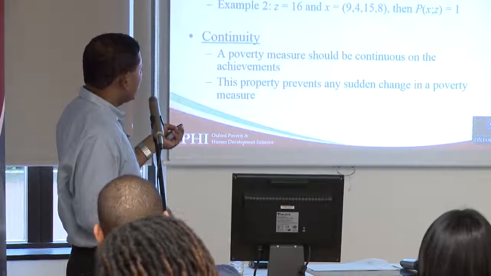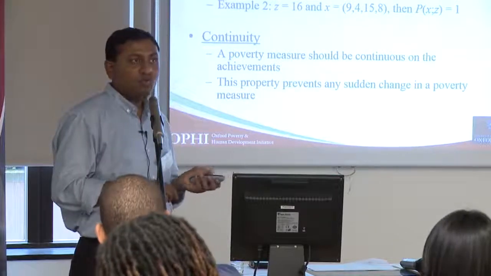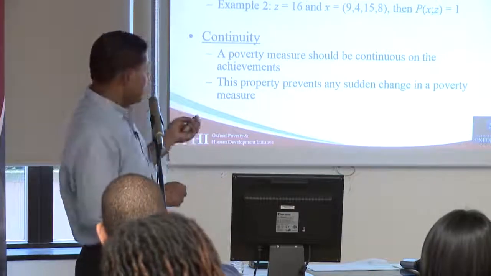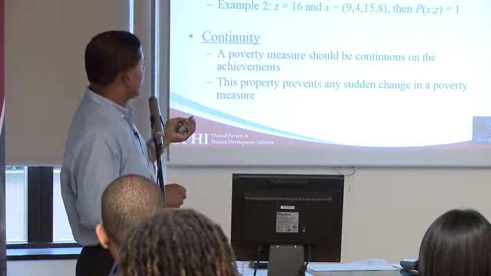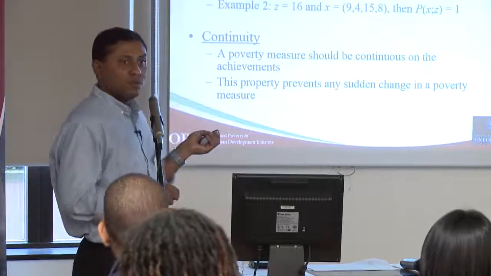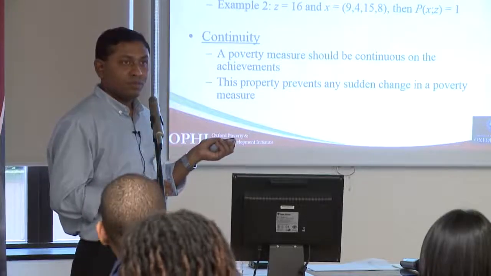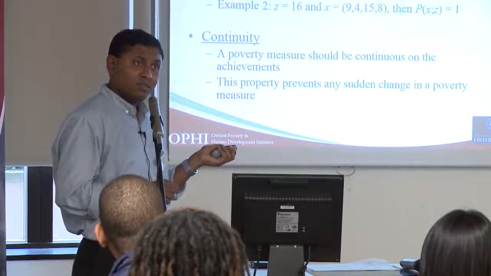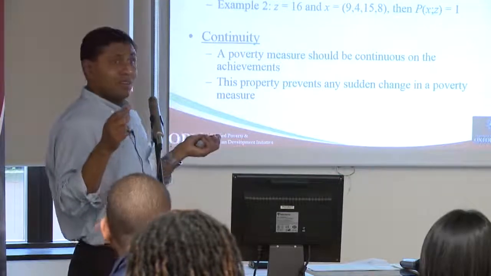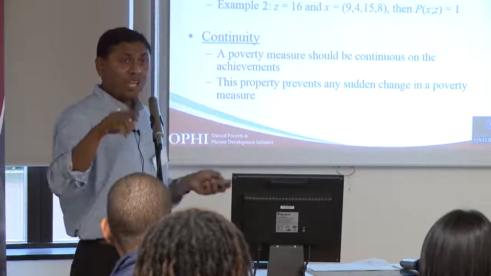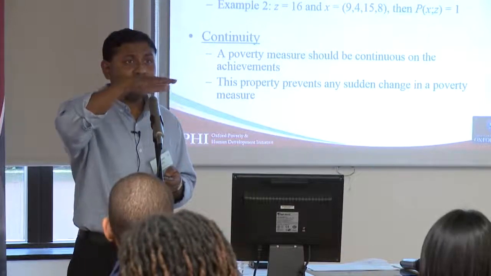When you have a poverty line of 5, how many people are poor? Okay. When you have a poverty line of 6, how many people? When you have a poverty line of 7, how many people? Poverty line of 8? 1. Poverty line of 9? Suddenly 2.